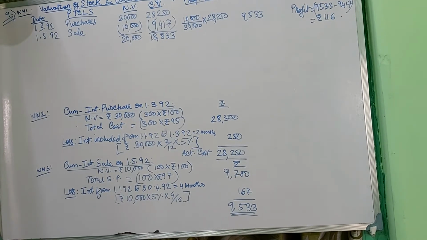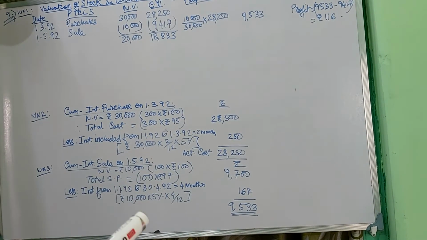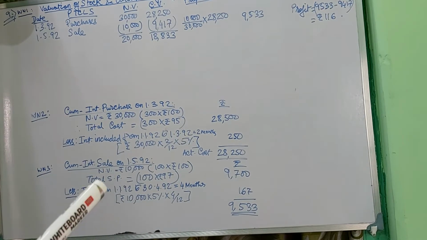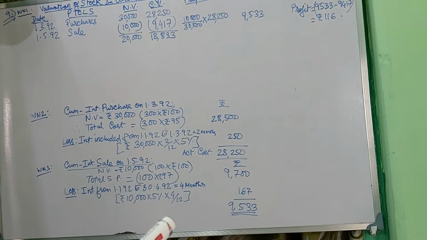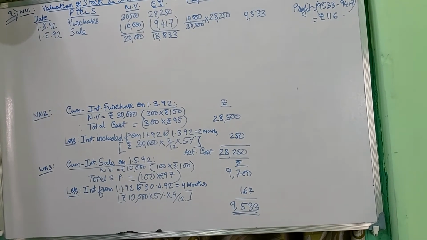Starting from January, ends at 30th April: January, February, March, April, 4 months. So interest has to be calculated on 10,000 into 5% into 4 by 12. Interest is 167, and the actual selling price is 9,533.